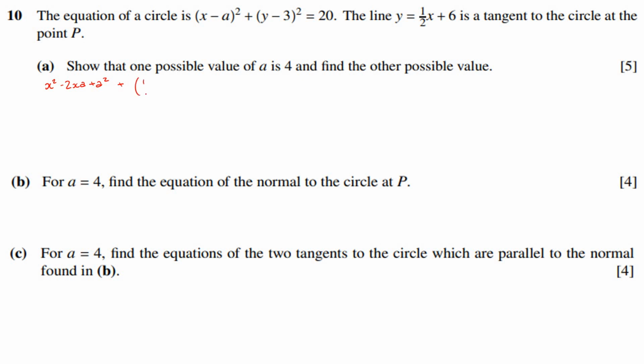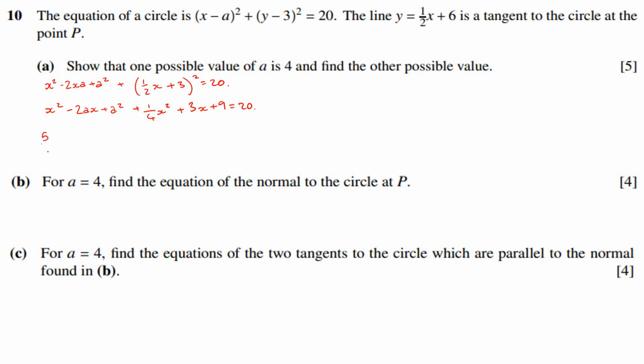this is going to be a half of x plus 6 minus 3, so that will be plus 3, all squared, equals 20. It will be x squared minus 2ax plus a squared plus 1/4 x squared plus 3x plus 9 equals 20.